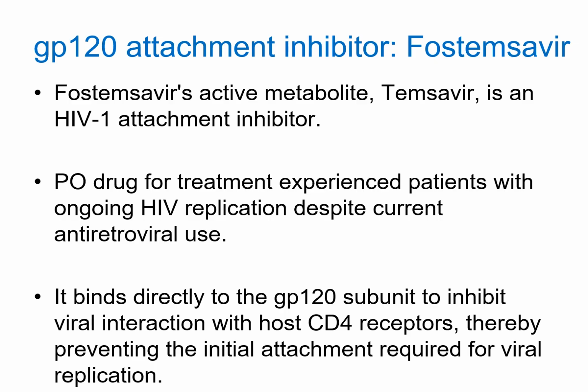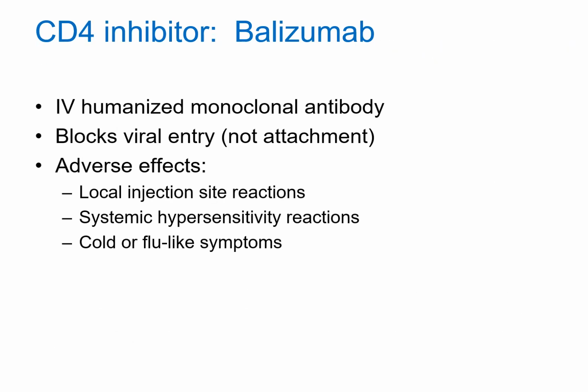As we've seen in the YouTube movie, in this case, it binds to the GP120 subunit, and this inhibits the viral interaction with the host CD4 receptors and hence prevents attachment. And this is another drug that blocks entry of the virus after attachment. So it already attached using CCR5, for instance, but then it cannot enter because of CD4 inhibition.